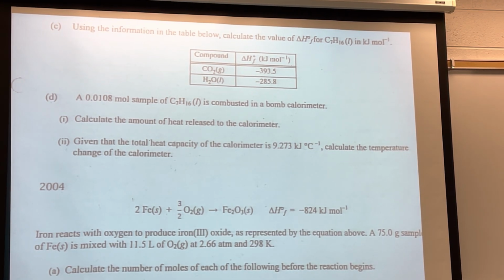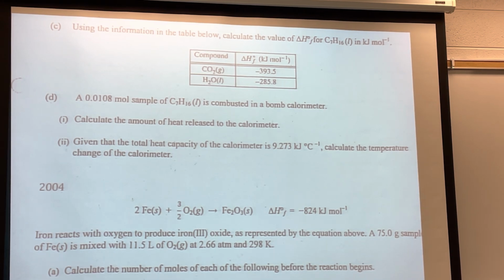What equation? Q loss equals negative Q gain. Now, calculate the amount of heat released to the calorimeter, okay? How do I do that? There's not a whole lot of information given on this one.